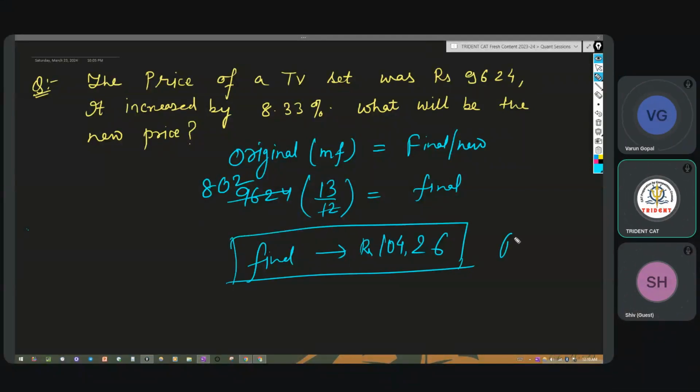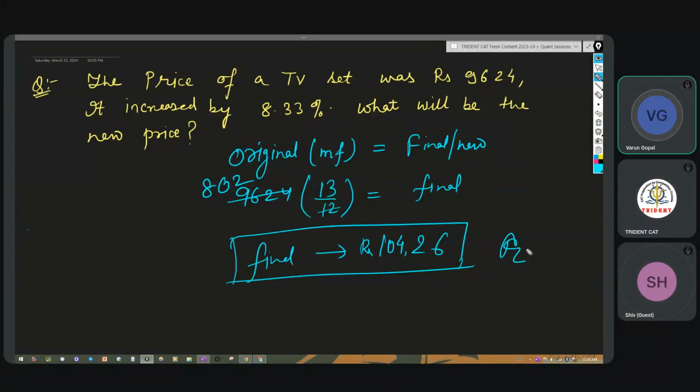Are you getting the same answer? Because if not, I'll have to check with the calculator. Sir, in exam, is it better that we use the calculator? Shiv, I would say in the actual exam, I have rarely, I have never used the calculator.